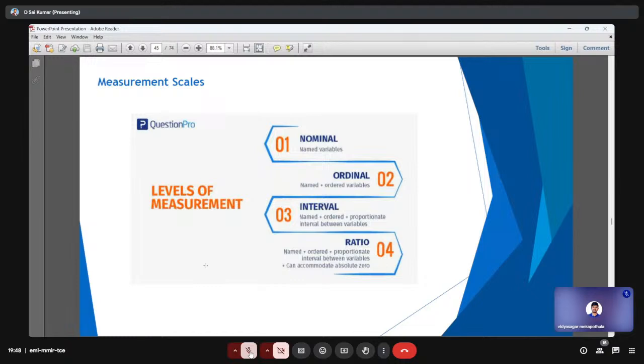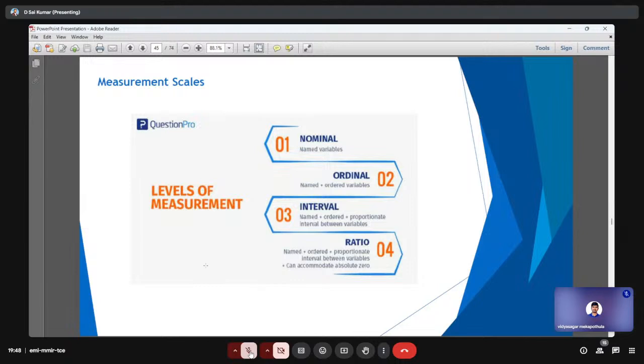Once the bank provides the online service, it shows a Likert scale: how do you feel about the service, strongly agree, neutral, disagree, or strongly disagree. We generally see this in online purchases too. Under ordinal, we have ordered variables.